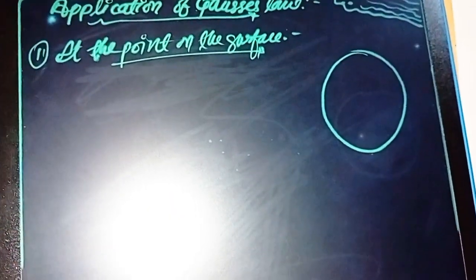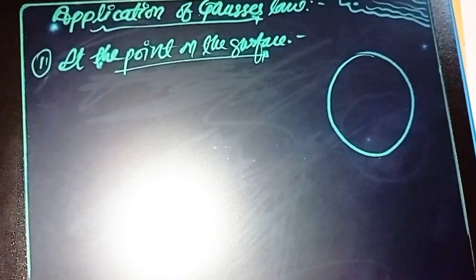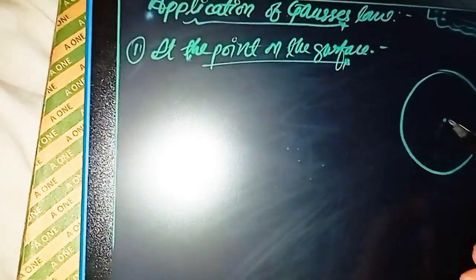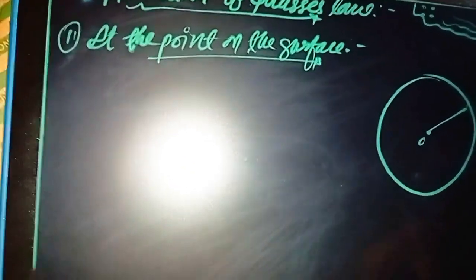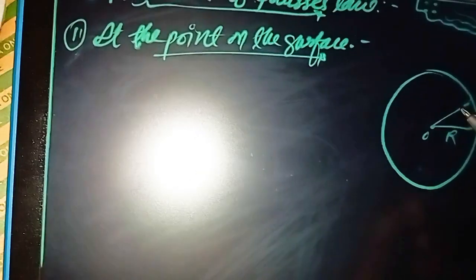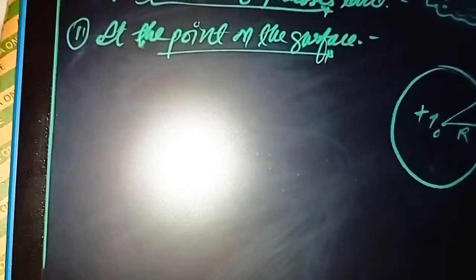Okay, when the point is on the surface, this is the second application of Gauss law. What we see is this O and this point P, and then radius R. So the charge is plus q.